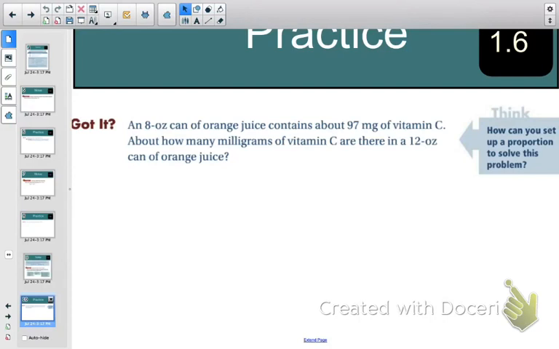But it should come out to be 145.5. So go ahead and try to set up the proportion, and if you can get 145.5 milligrams of vitamin C, then it looks like you are on your way to success.